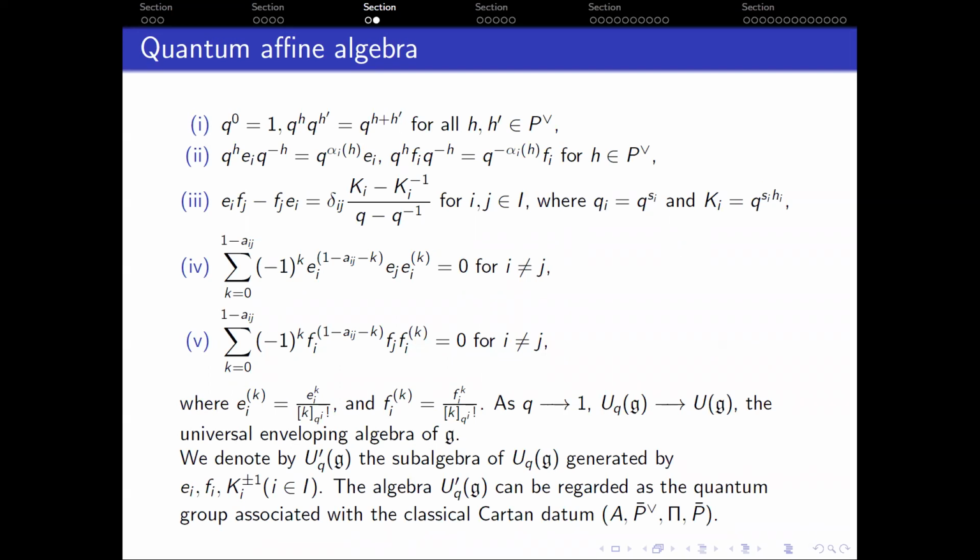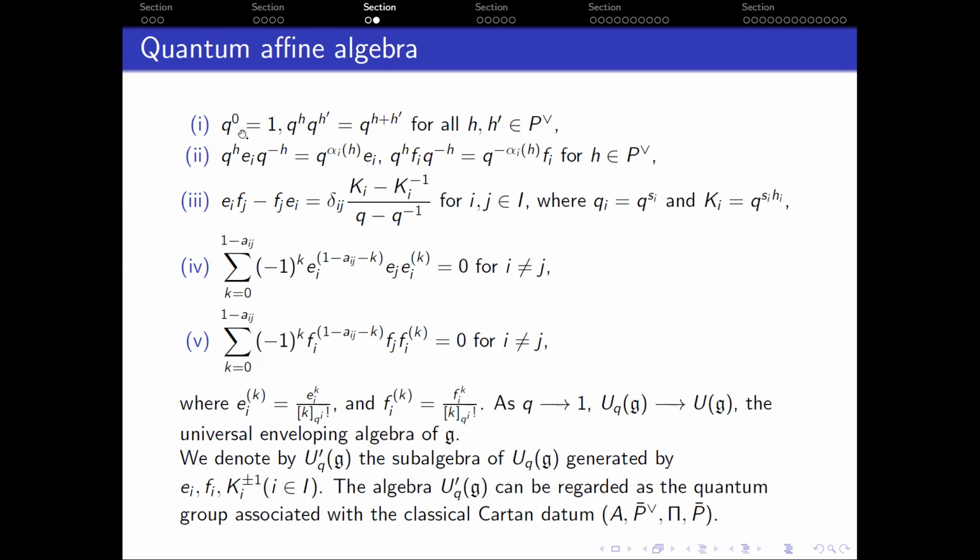Well, it is not so important to tell every condition here. These conditions are explicitly written, you can look at the slide later, but one important thing is, if you let q go to 1, then this quantum affine algebra U_q(G) indeed goes to U(G).